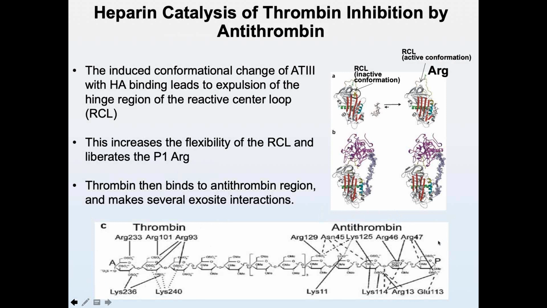The interaction at the antithrombin is stronger, and the reason is more of the basic residues are involved in contact with the GAG than in the interaction between the GAG and the thrombin.